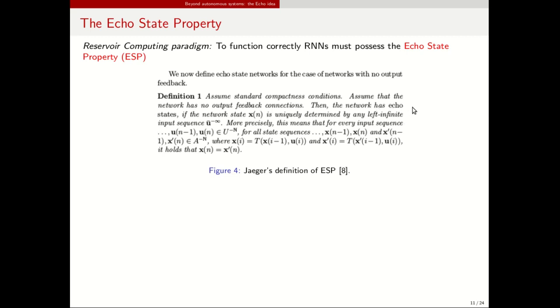It says that a network has the echo state property if the internal state at time n, x_n, is uniquely determined by any left infinite input sequence. So that is basically a request on the structure of the pullback attractor of the system.